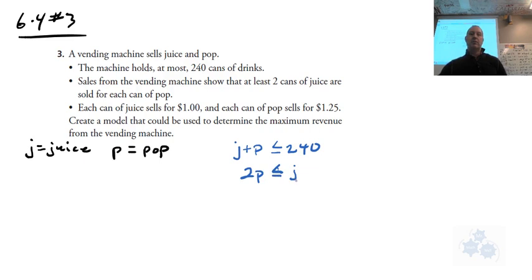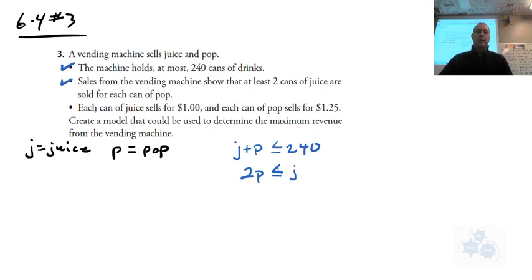That looks like how you do that one. Okay, just once again, at least 2 cans of juice are sold for every can of pop. So juice is more than or equal to 2 times the number of pops. Pops are less than the number of juice.